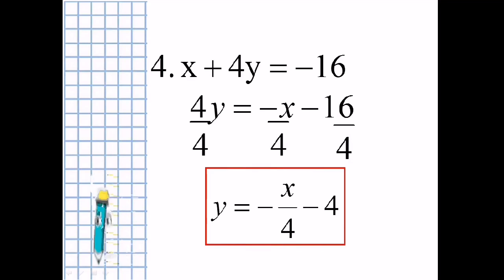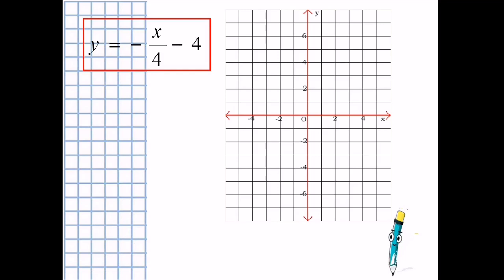So y equals negative x over 4, or negative 1/4 x minus 4. So let us graph. First, identify the slope. Our slope is negative 1/4. So automatic na meron siyang numerator na 1. And then your y-intercept is negative 4.